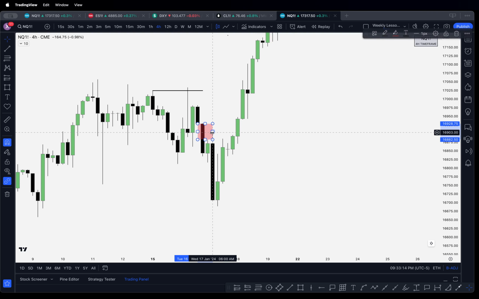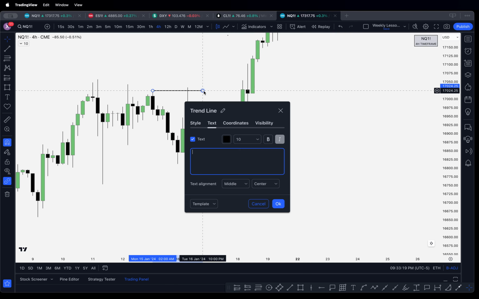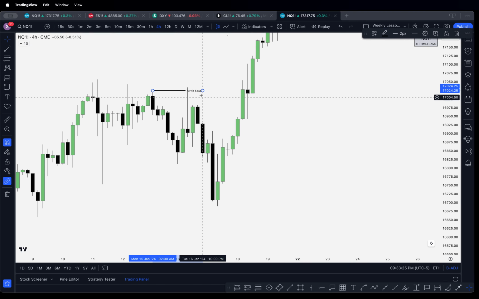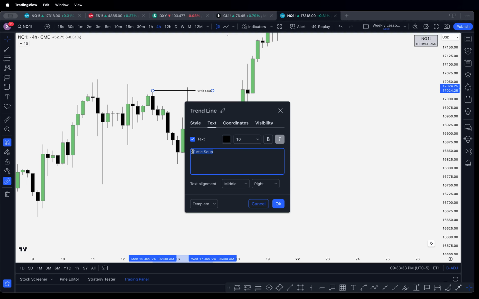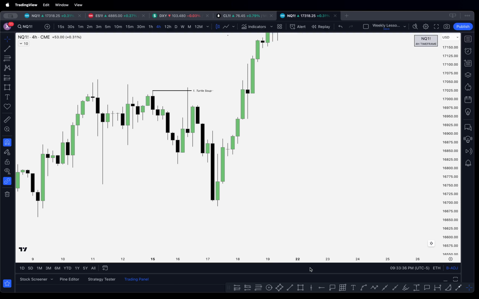So if you're looking at entry models, there's 3 always. The first entry model will always be a turtle soup or a liquidity sweep, whatever you want to call it. Then, if you studied ICT content, you'll know there's 2 more. What's the second one? Fair value gap, right? So turtle soup is 1, and then 2 is going to be your FVG.